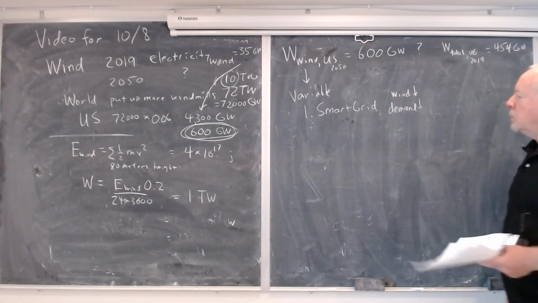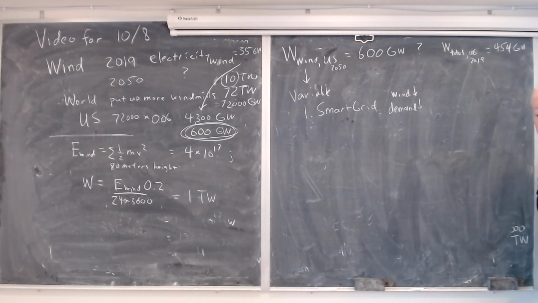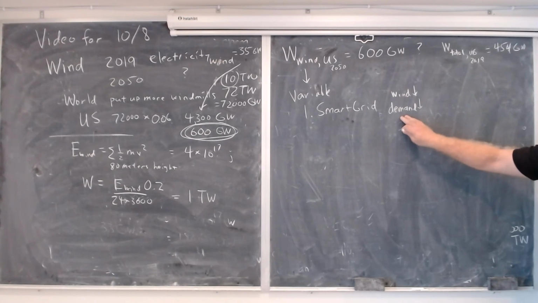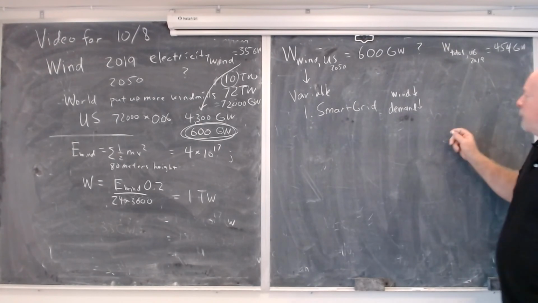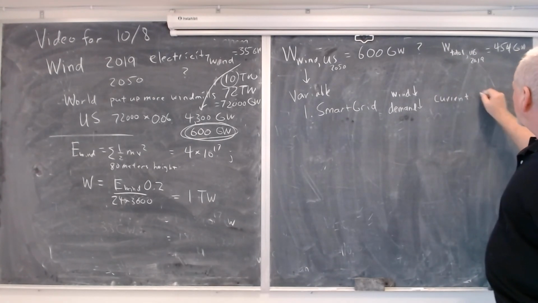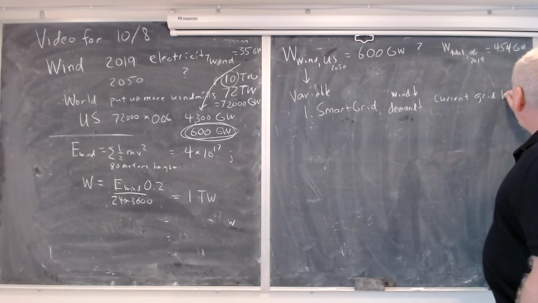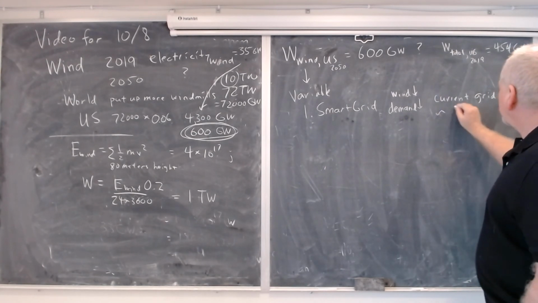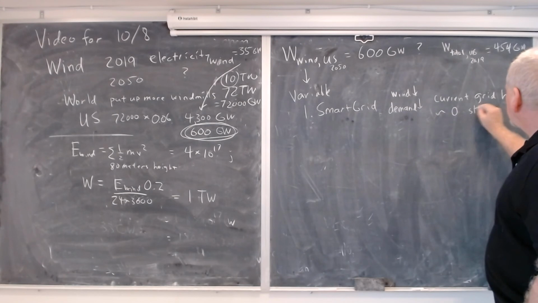So the smart grid is the idea that we will evolve a whole set of mechanisms so that we can alter the demand, and it's based on the fact that the current grid has approximately 0 storage.